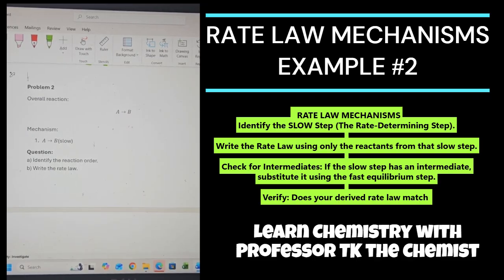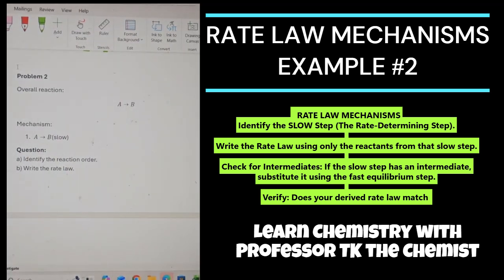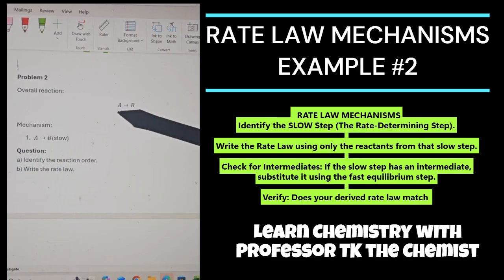Okay, look at this next one right here. Notice again, this is just one reactant, one product. Identify the reaction order. Well, in this case, because it's just one thing, this reaction order is just 1. Since you only have one thing, it's just 1.